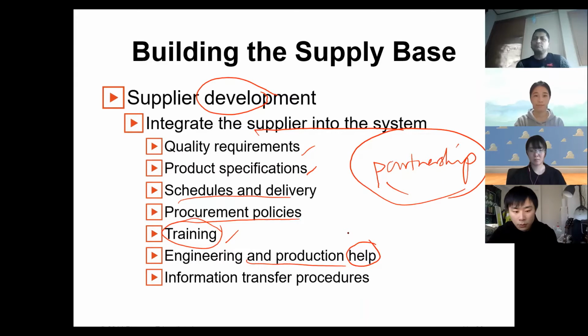Where is the receiving inspection? What is the inspection procedure? So this is assistance. And information transfer procedure. This is a big area in supplier development.